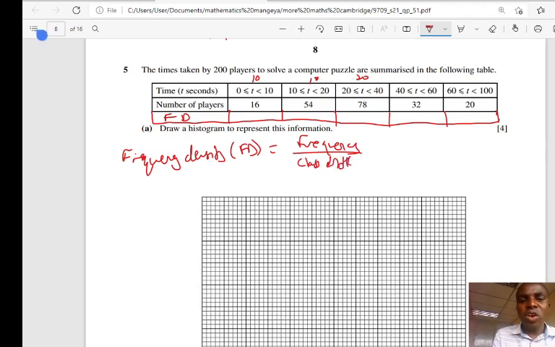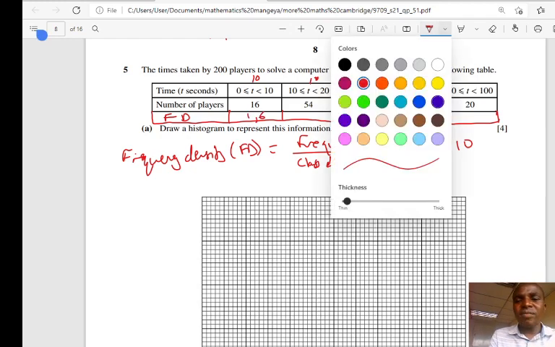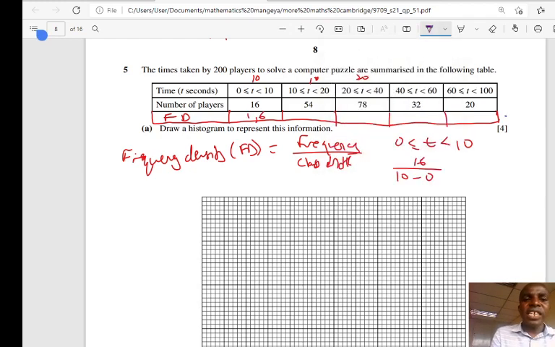So for example, for 0 to 10, t lies between 0 and 10, frequency is 16 over class difference 10 minus 0. In this case you get 1.6. So this one will be 1.6, like this.